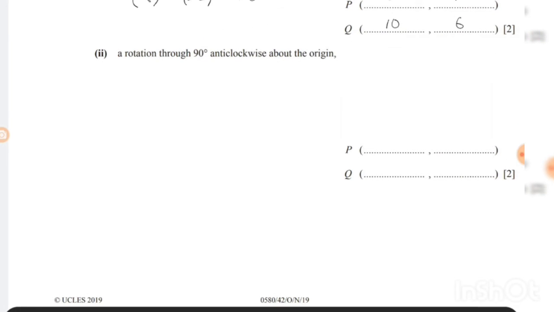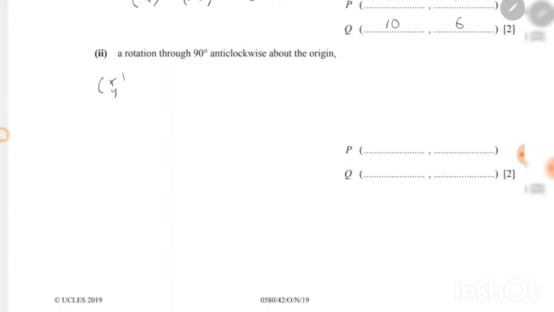Okay, now part ii, a rotation through 90 degrees anticlockwise about the origin. Do you know the formula when you rotate 90 degrees anticlockwise? When you have x and y, and you rotate 90 degrees anticlockwise, our image is (negative y, x).